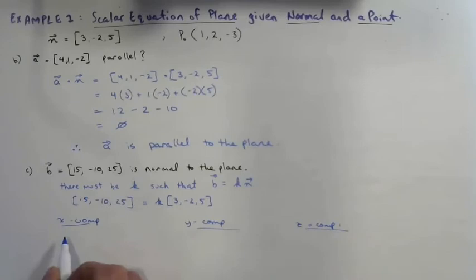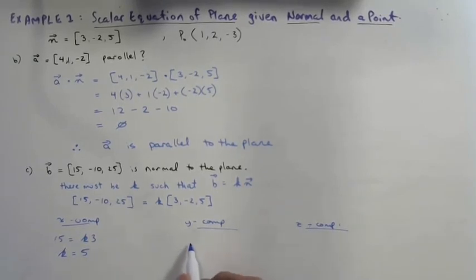X, y, z. So 15 equals k times 3, or 3k. Divide both sides by 3, I get k equals 5. The y component, negative 10 is equal to negative 2k. Divide both sides by negative 2, I get k equals 5. It's looking good so far. Z component, 25 is equal to 5k. Divide both sides by 5, k equals 5.